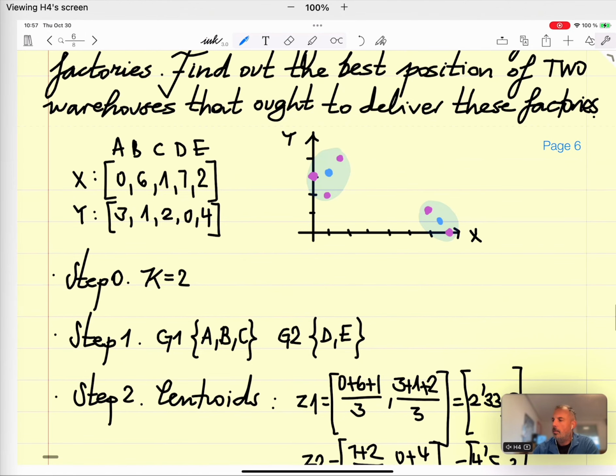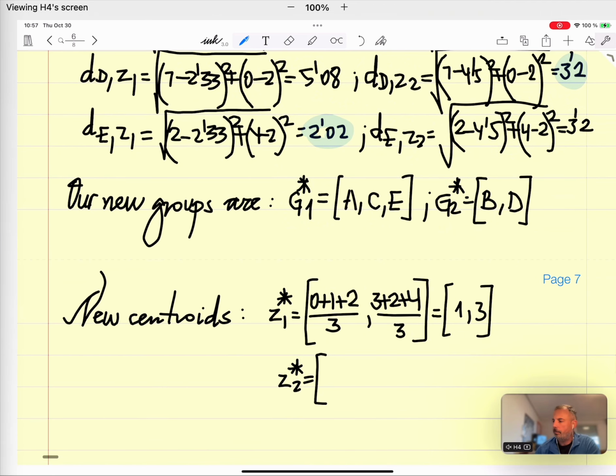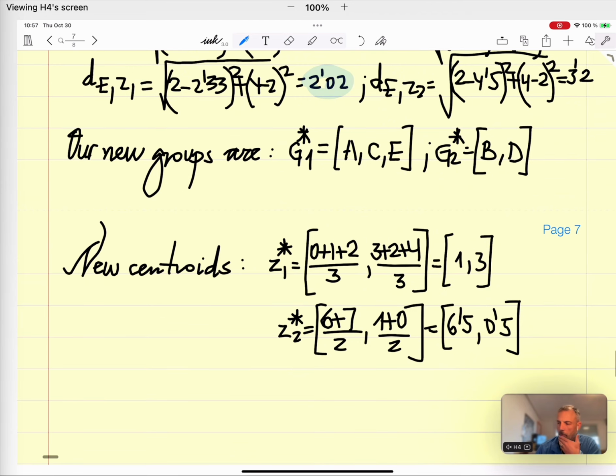B and D is 6, 7, 1, 0. So this is going to be 6.5, and 0.5. Is that cool? So we have our new centroids. Now we calculate our new distances.